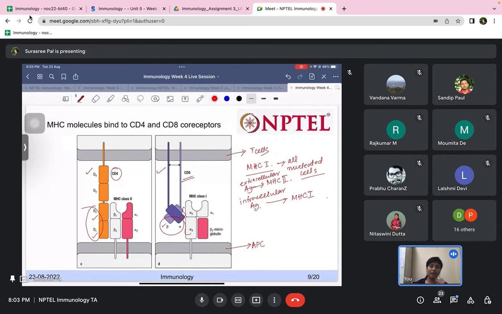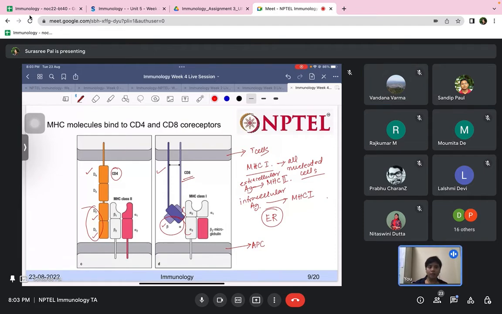So what happens in viral infection? The virus is only active when it enters the host cell, right? And when it enters the host cell, it creates its own proteins. Then these viral proteins are chopped off inside the endoplasmic reticulum of the body cells, say for example hepatocyte. Exactly.